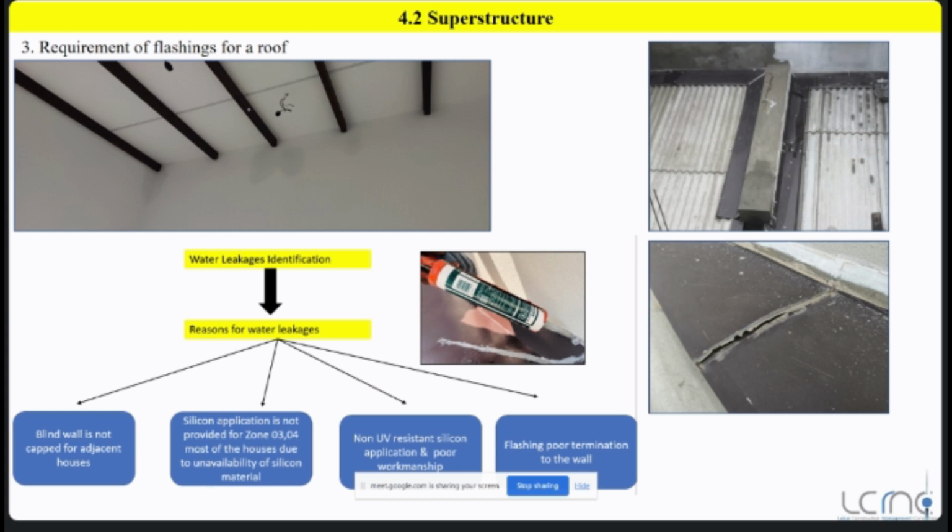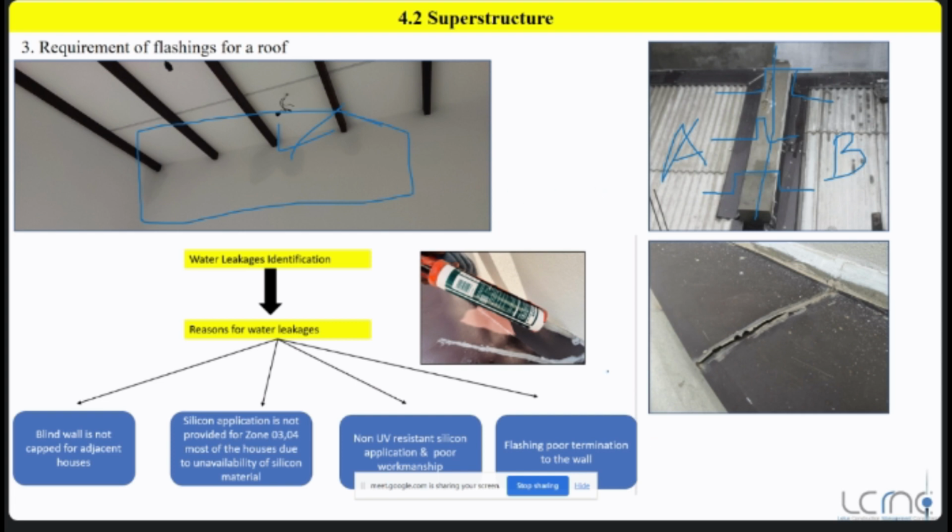So these are the impacts. If your flashing installation is not correctly done, there will be wet patches like this. These are some wet patches in the walls. If there are two different structures, this is A and this is B, and this is your blind wall, and the blind wall is not properly covered, water will definitely go through this wall and cause this kind of patches.